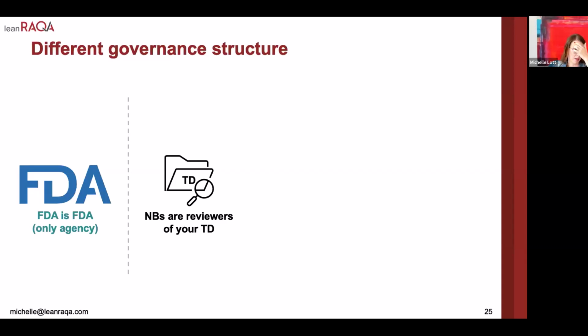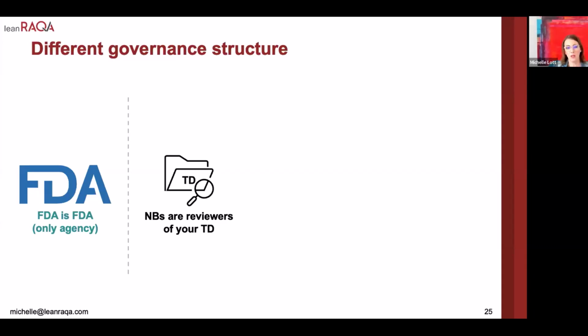Whereas in the EU, you have dozens, a little over 2 dozen now, almost 3 dozen notified bodies who can all be your reviewers. These are private entities.